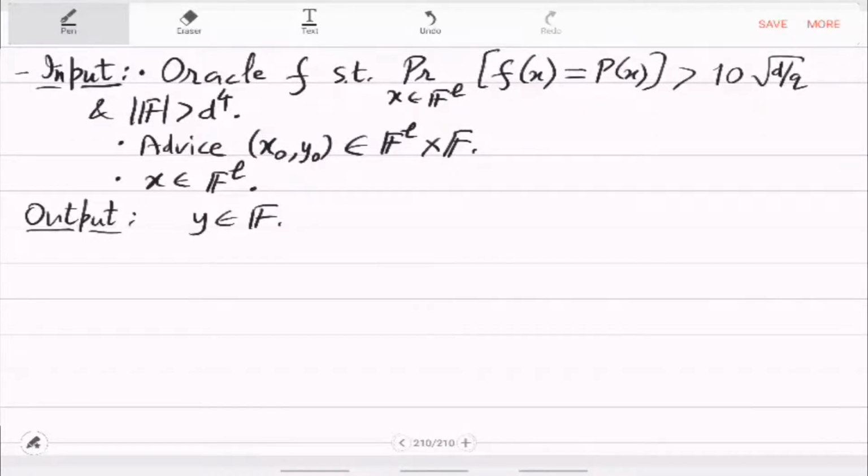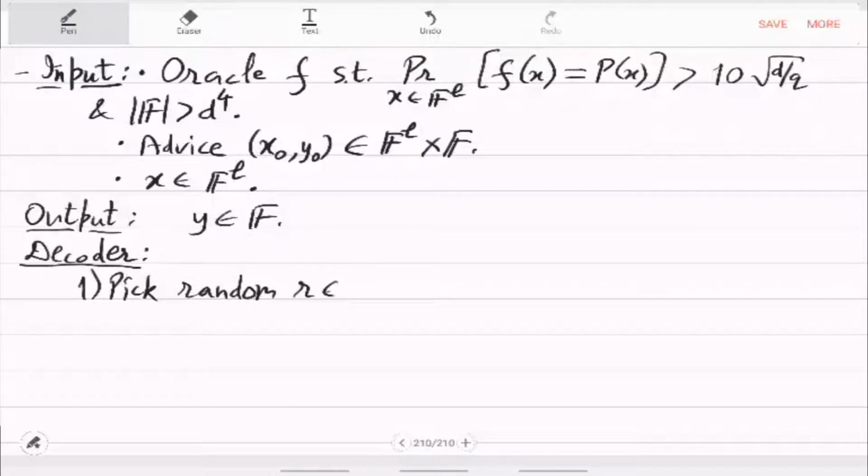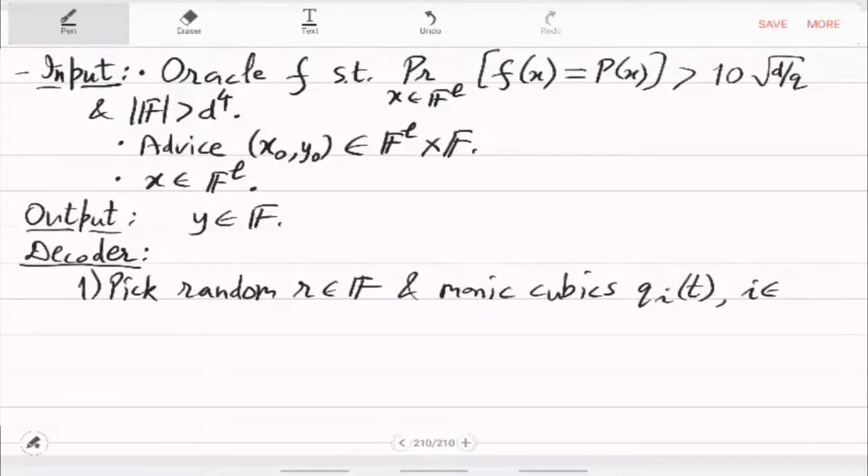So the decoder is as follows. Pick a random field element R and monic cubics QIT, where by monic we just mean that the t cube coefficient is 1, and then there is t square coefficient, t and constant coefficient.